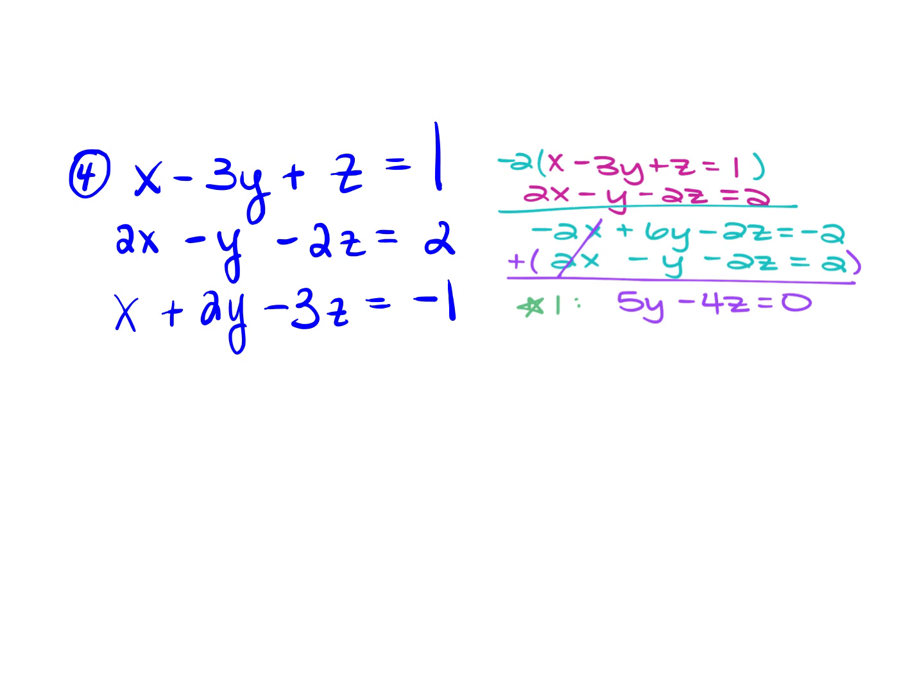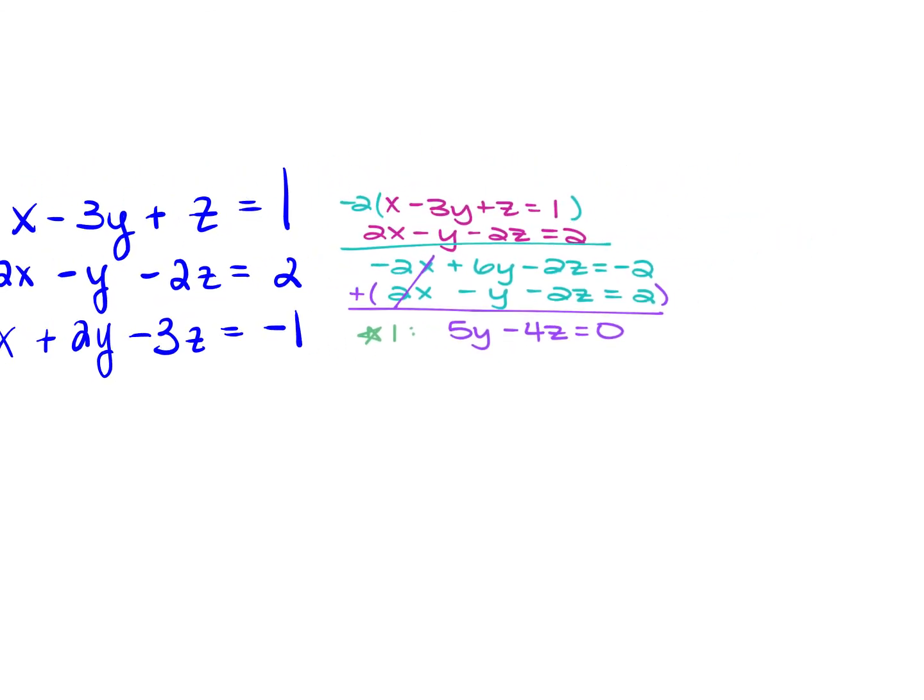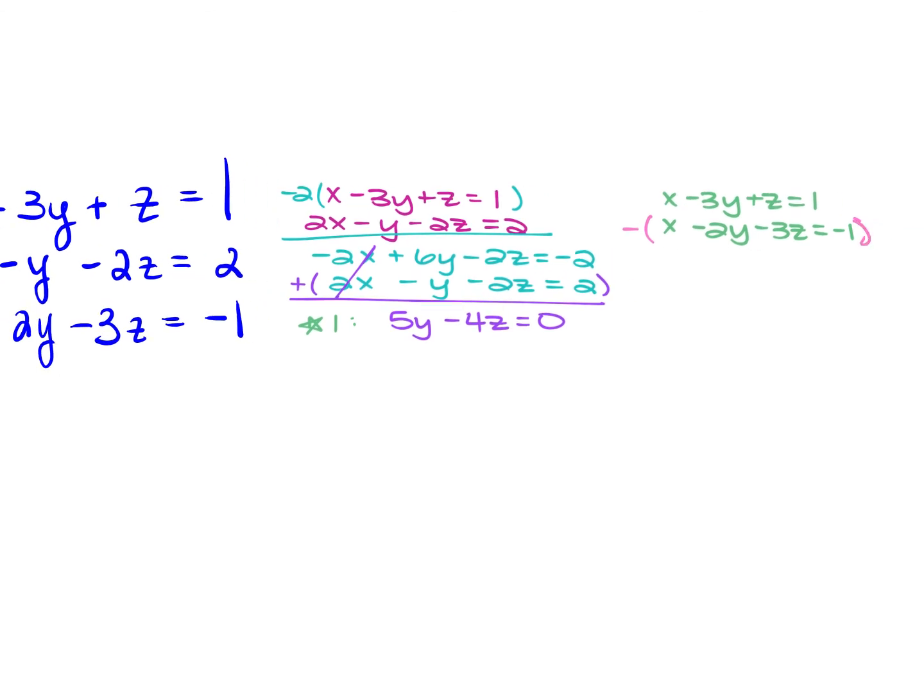To get your new number 2, use the last and the top maybe. So if you have x minus 3y plus z is equal to 1, and x minus 2y minus 3z is equal to negative 1, you can just subtract these or add the opposites.